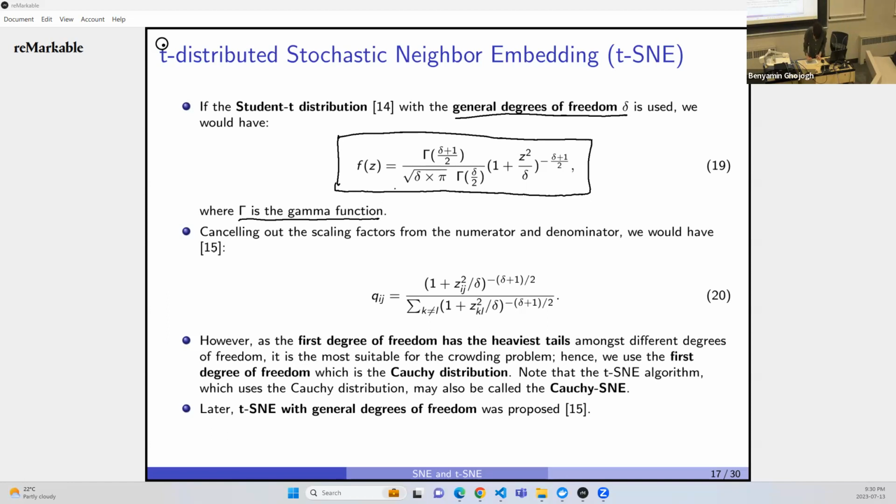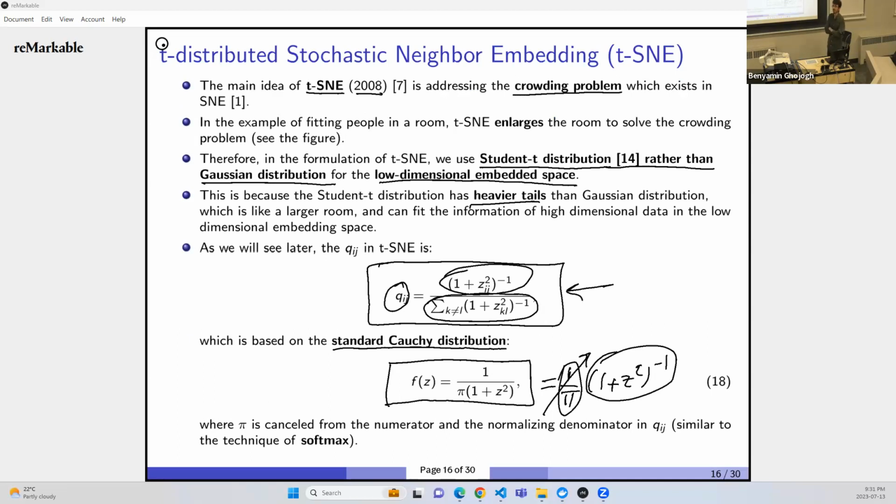If we get rid of the constant normalization factor, we can write Qij in this way. If you set delta to 1, you will get what you had in the original t-SNE. So Cauchy distribution is a student t distribution with 1 degree of freedom.